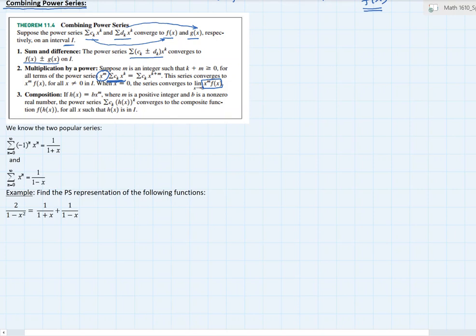So a multiplication by x to the power m in front will result in x to the power m times f of x.